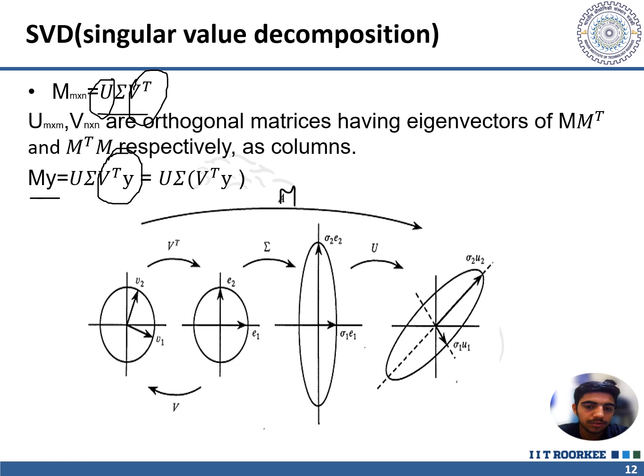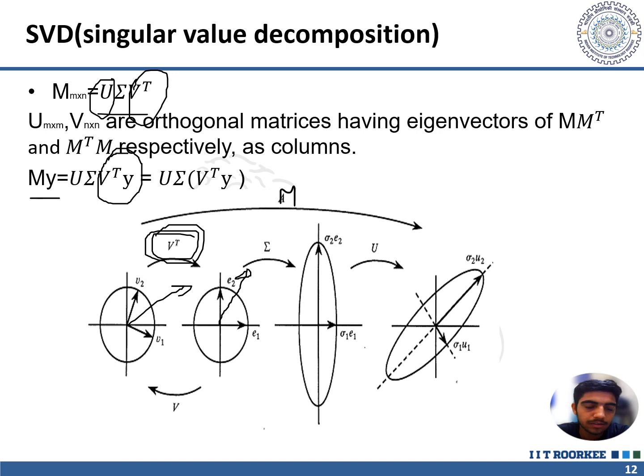Since V transpose is the inverse of V, and is also an orthogonal matrix, the transformation done by it will be a rotational transformation. So this vector will rotate according to this matrix.